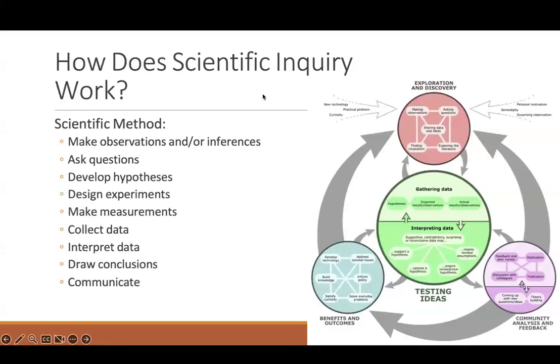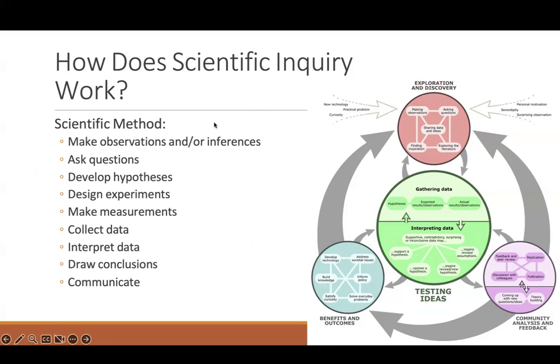So first, we want to talk a little bit about how the scientific inquiry process works, or the scientific methods. You might see here on the left some different steps of the scientific method that you've been taught and that you've gone through probably a number of different times in your career as a student at this point.